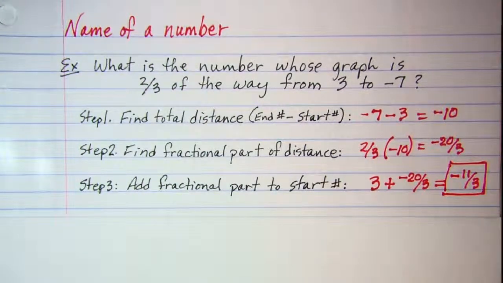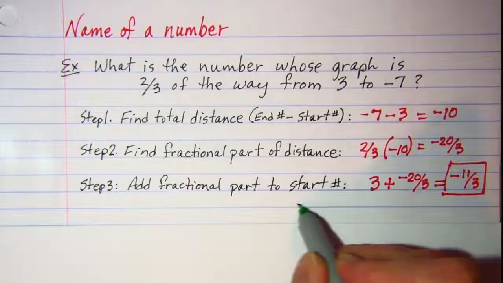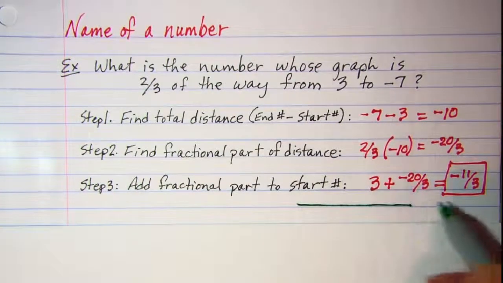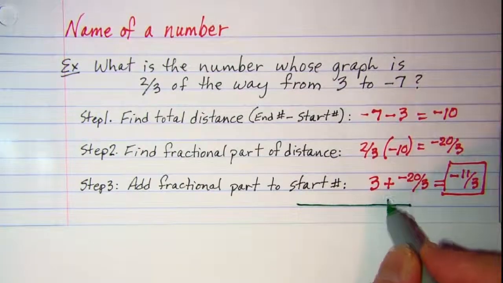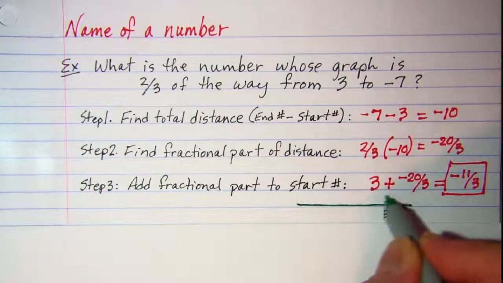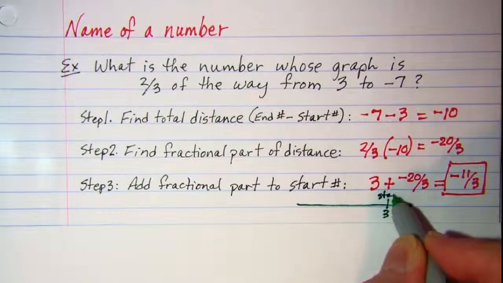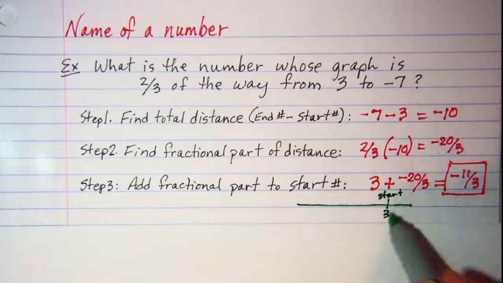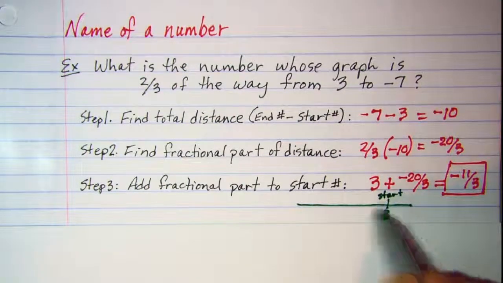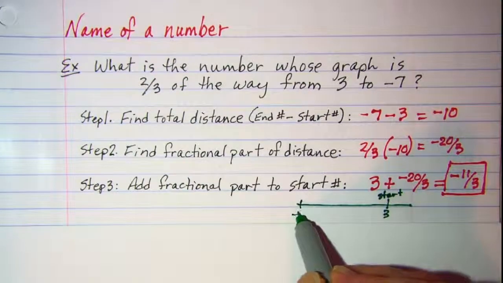Now if you want to check and see if that kind of makes sense, you can think in terms of your number line. We're starting at 3. And we're going 2/3 of the way from 3 to -7.